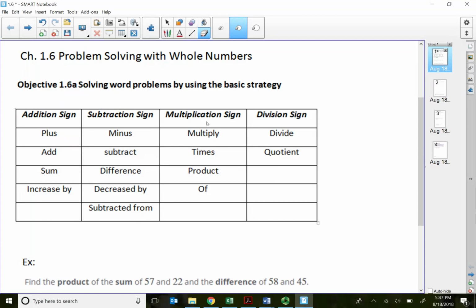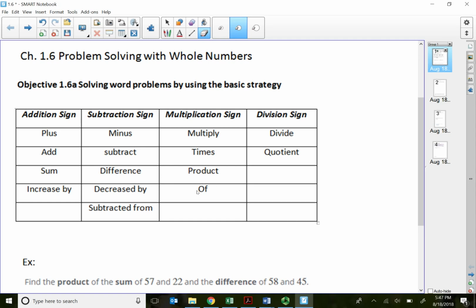All right, multiplication sign. The word multiply, of course. Believe it or not, the word times is used frequently. The word product also represents the answer you get after you multiply. Therefore, the word product also translates to multiplication sign.